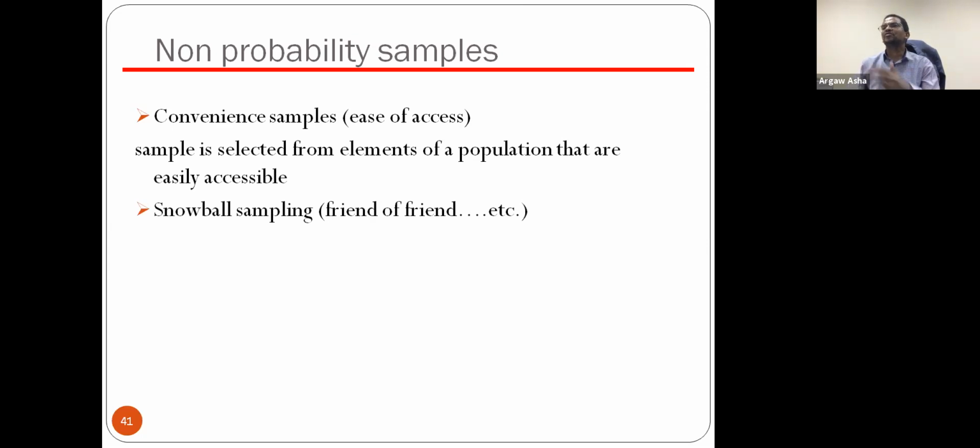Snowball sampling means friend of a friend. Whenever you are collecting data from friends of friends, we call it non-probabilistic sampling. Sometimes you call it purposive sampling, which depends on judgment, whenever you are judging the data.